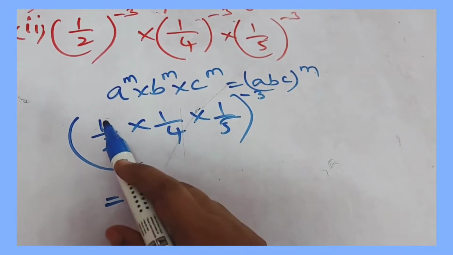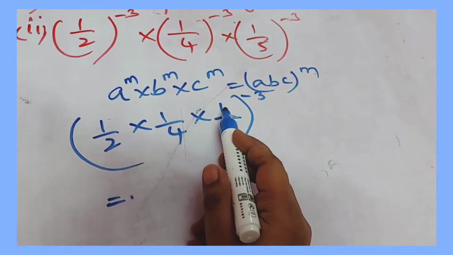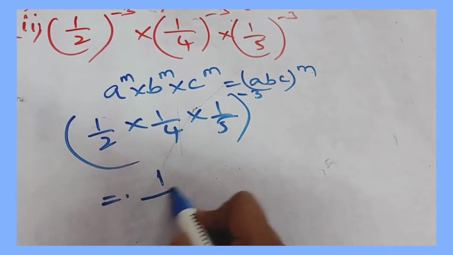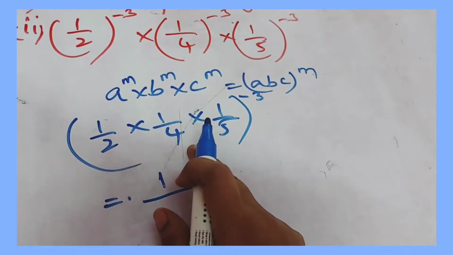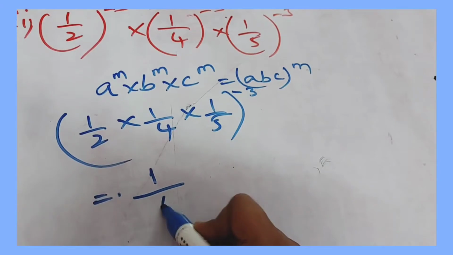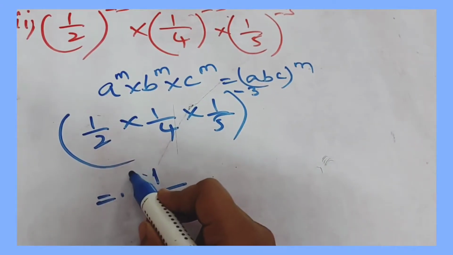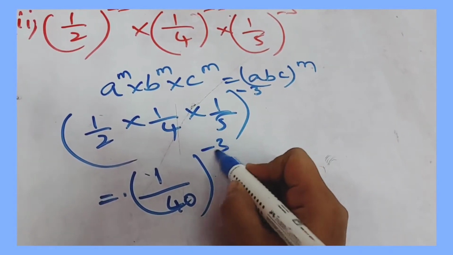Now you have to take 1 into 1 into 1. It is 1 by 2 4s are 8, 8 5s are 40. 1 by 40 whole to the power of minus 3.